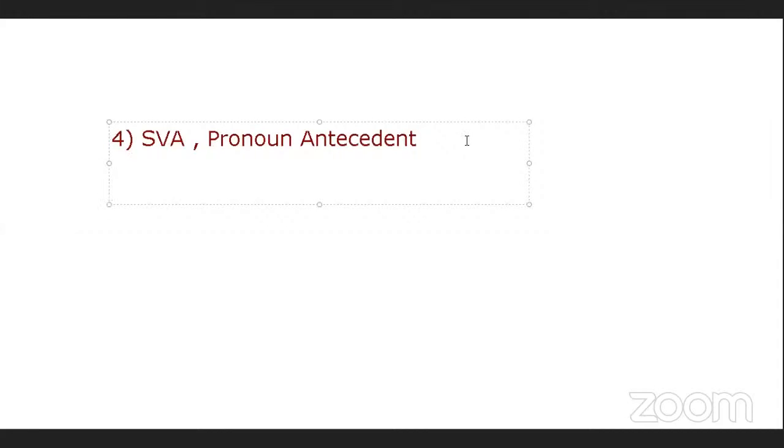Is the verb agreeing with the subject? Subject verb agreement. So you will have to just be aware of the rules. We'll just take examples here because we have already done this earlier, so that we just have a refresher of these things.